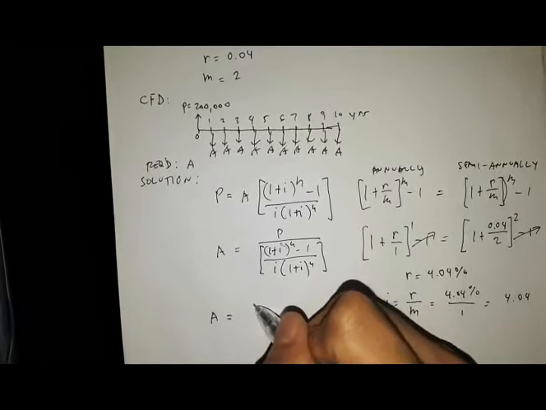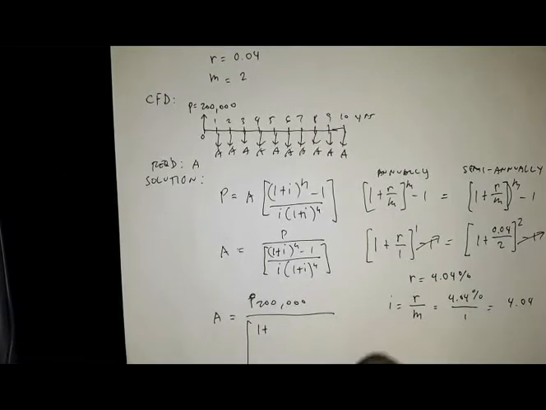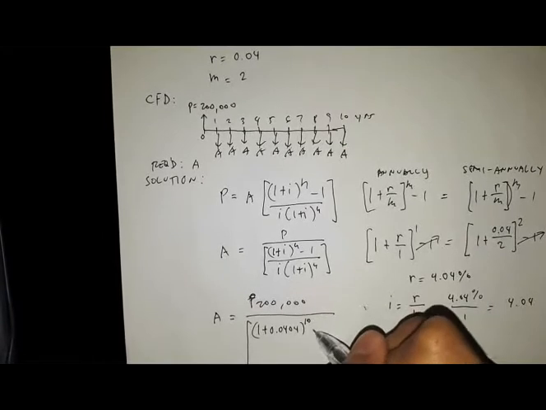So now we can substitute. We have A equals P over the quantity of (1 plus i) raised to n minus 1 over i times, your i is 0.0404, times (1 plus i) raised to n.